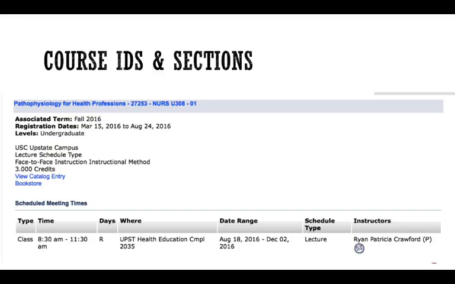First, here is the nomenclature. This is Nurse U, Nursing at Upstate, U308, Section 1. This is pathophysiology for health professions. This is what we colloquially call patho.